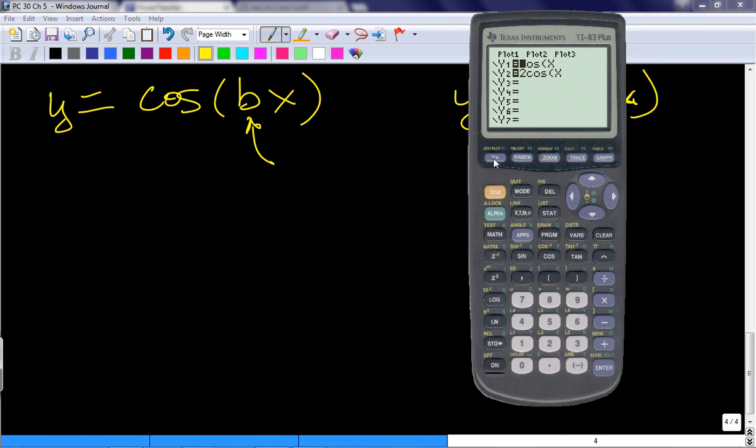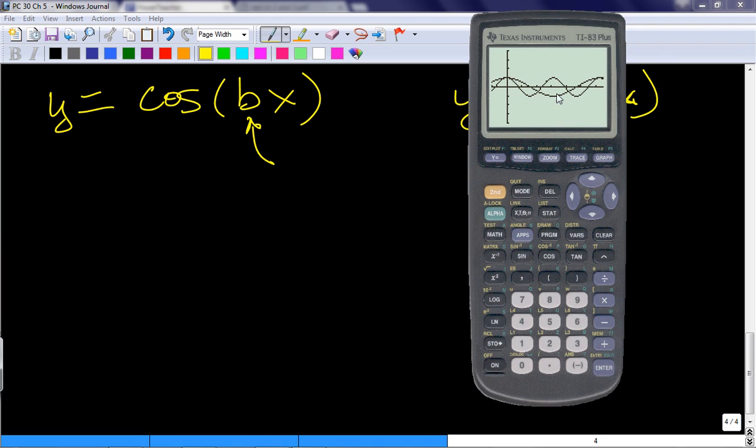And if you want, you can put in a 2 there, 2x if you'd like. Or maybe just do one at a time so you can see what's going on. Or compare it to the regular cos. But cosine of 2x. And we'll compare that with cos of just x.